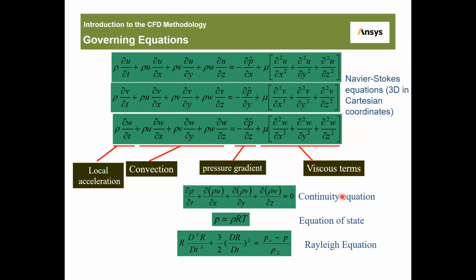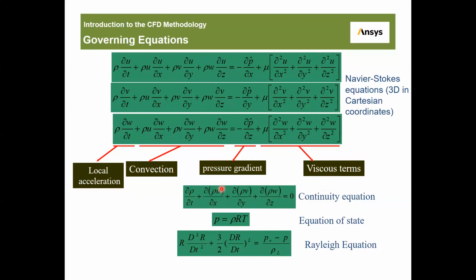Next we have the continuity equation, or we call it conservation of mass. You have d rho over dt, d rho u over dx, d rho v over dy, d rho w over dz. So this covers everything in the x, y, and z directions in this one equation. As you can see, rho is density, u is velocity in x, v is velocity in y, and w is velocity in z.